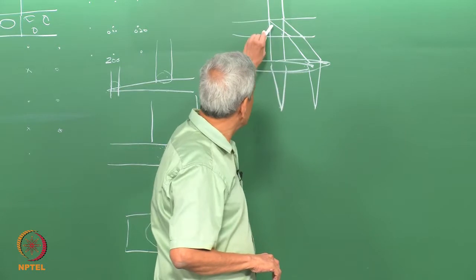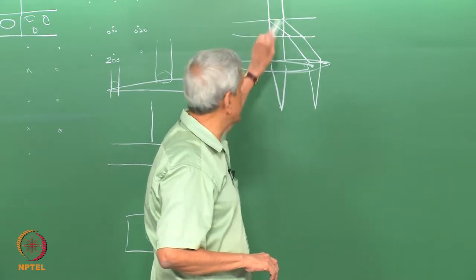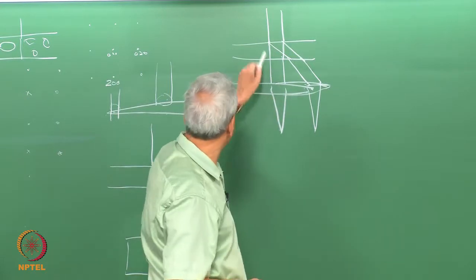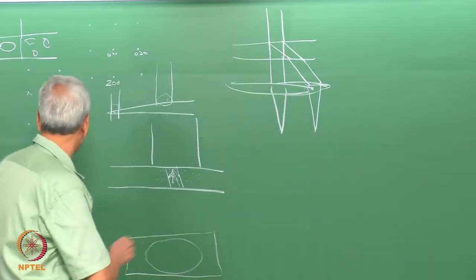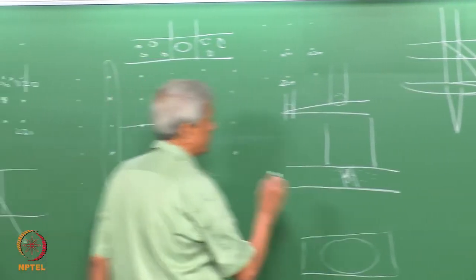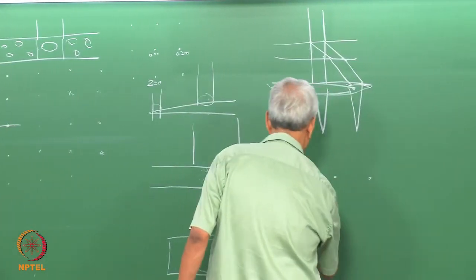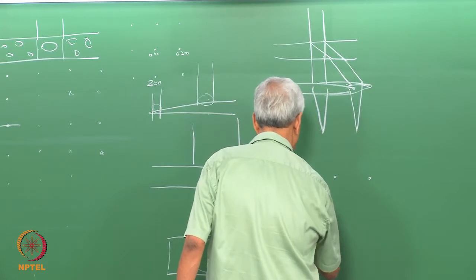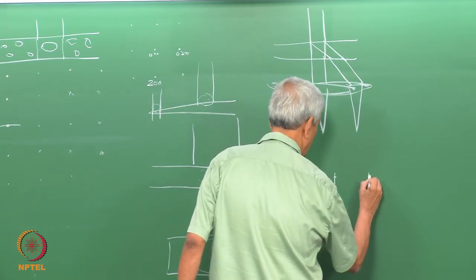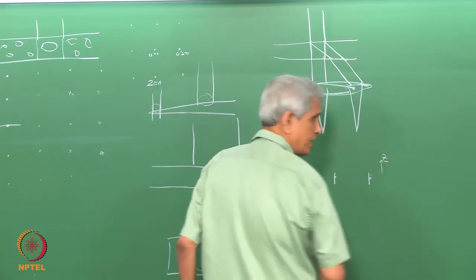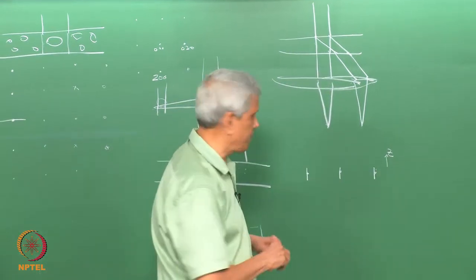But suppose I tilt this sample a little bit here. You know that in the diffraction spots, we essentially have a streaking in the Z direction, depending upon the thickness of the sample.